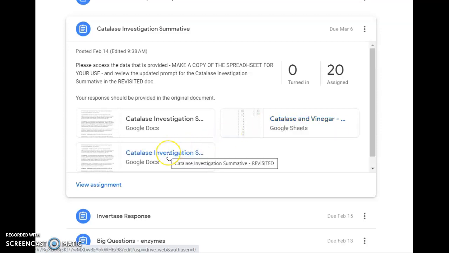And then another one says Catalase investigation revisited, okay? As the lab played out, I realized that there was a really specific end game that I wanted students to be able to talk about, and I recast the summative with a slightly different purpose at the end, okay? So let me show you those things one at a time.